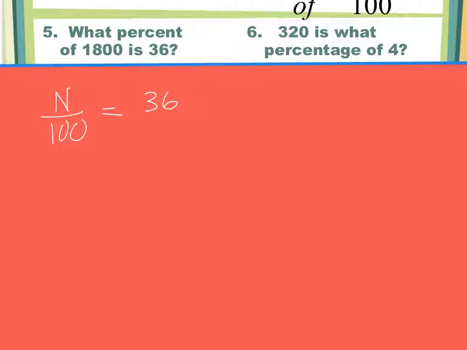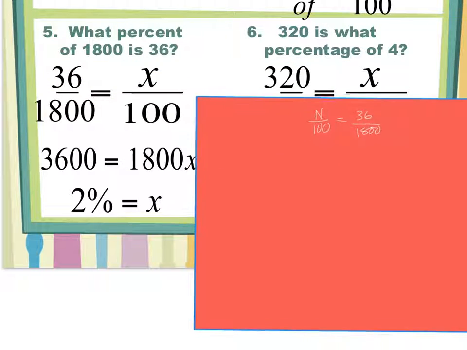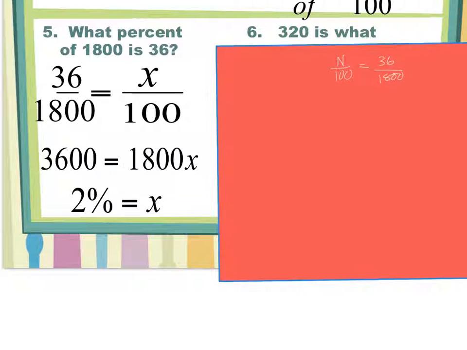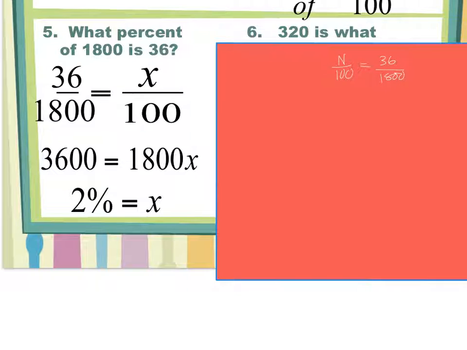Is 36 over 1800? You would then cross multiply, and you would get 2 as your answer. And because you already took the 100 into account, you would leave it as 2%. Please make sure you're answering in the manner in which it asks you in the question. The question says what percent, so your answer has to be 2%.